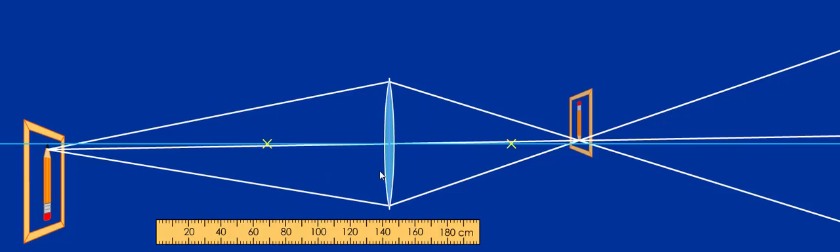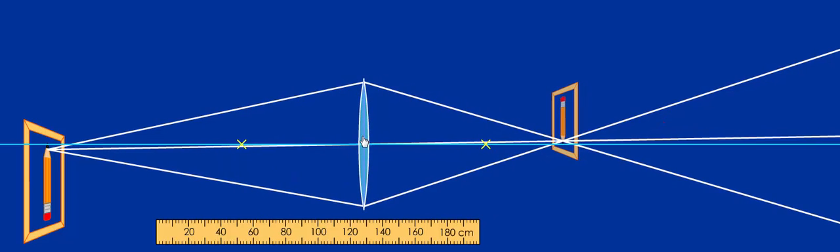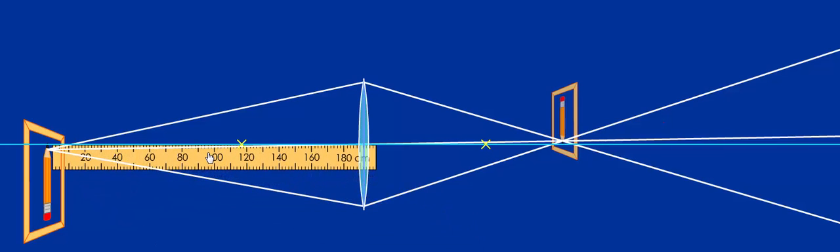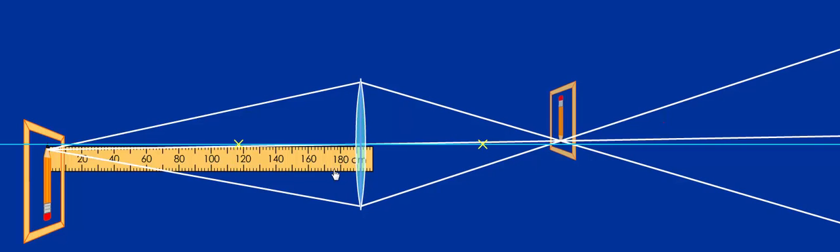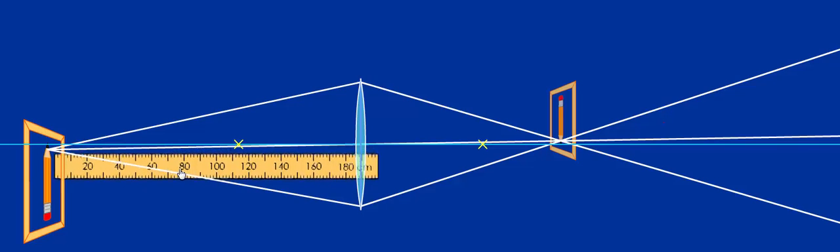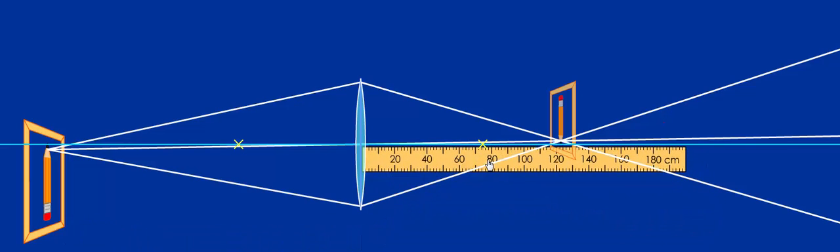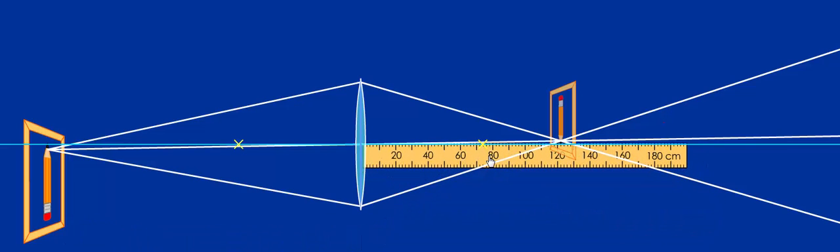I think we need to do that again because I disturbed the position of the lens. So let's start again. Measure the object distance here. That is our first u value. All right, let me take the ruler out and measure the corresponding v value.